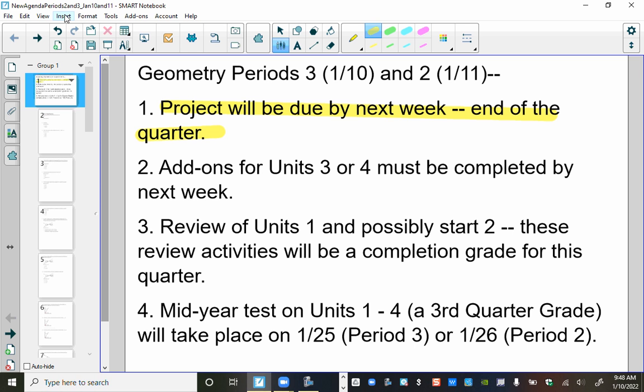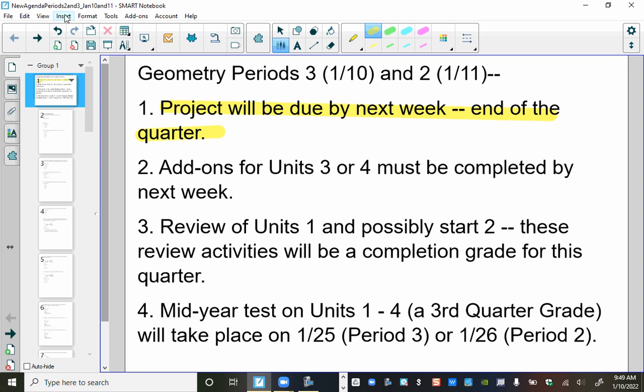Step number 1. The vocabulary project, which is in Google. If you were here on the last day before the break, I had mentioned it. You had to pick 10 vocabulary words out of a list of, I think, 30 or some odd.